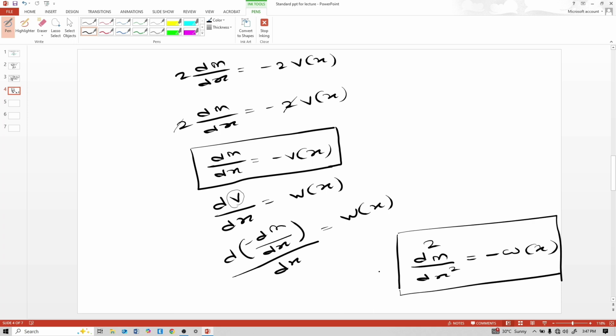So this is third relation between intensity of loading and moment. See, we get three equations: between shear and moment, between intensity of loading and moment, and between intensity of loading and shear.